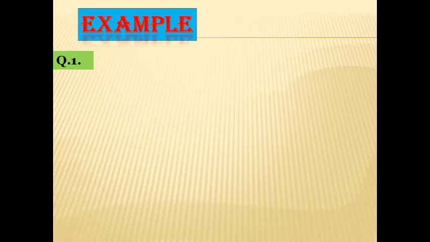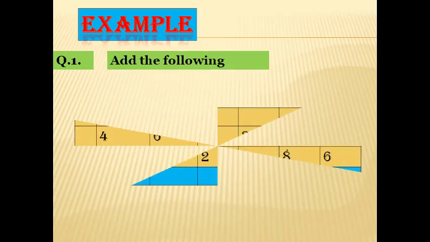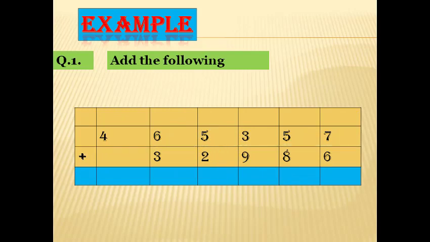Example number 1. Add the following. Starting with the ones column, 7 plus 6 is equal to 13. We will place 3 in the ones column and 1 carry will be shifted to the next column. In the tens column, 1 plus 5 plus 8 is equal to 14.